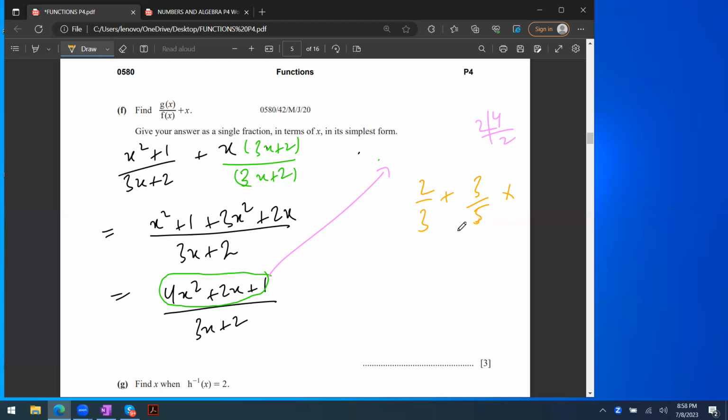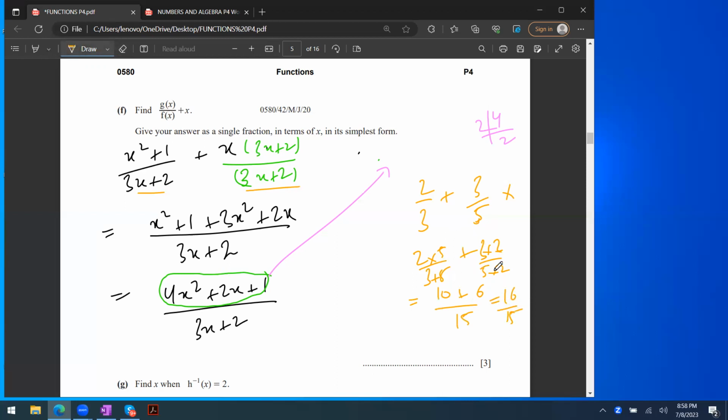No, the denominators have to be the same. So here also we made the denominator the same. Just like here, I will make the denominator 15. 2 times 5 over 3 times 5 plus 3 times 3 over 5 times 3. So now the denominator is 15, and I can add the numerators. 5 2s are 10 plus 3 2s are 6. So that is 16 over 15.